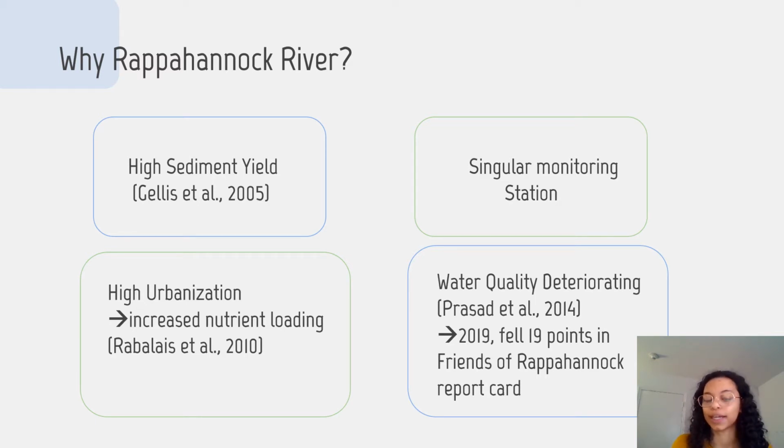In fact, in 2019, the Friends of the Rappahannock found that the Rappahannock fell 19 points in its report card, which is an evaluation that the Friends of the Rappahannock gives that talks about the overall health of the river and its local tributaries.